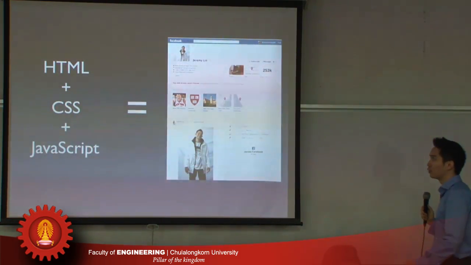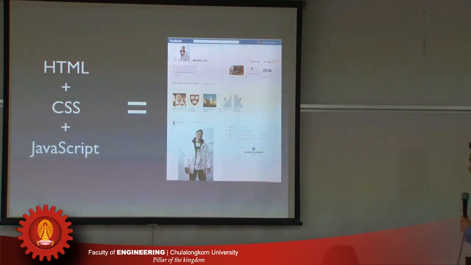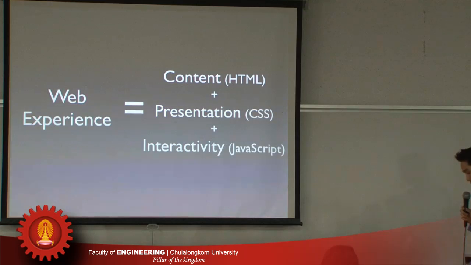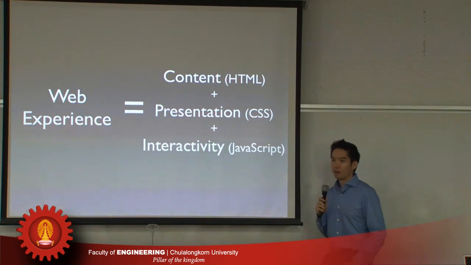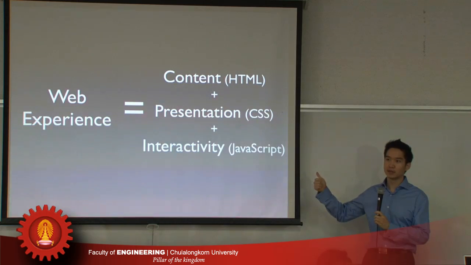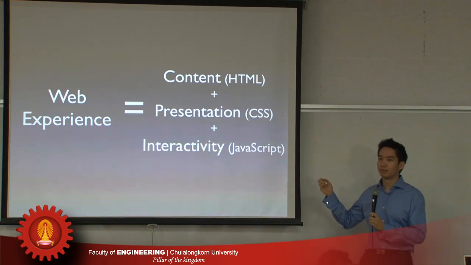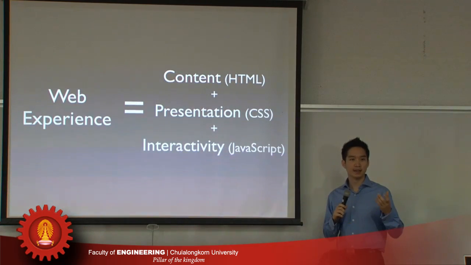Without me telling you anything about those terms, they don't really mean anything to you if you don't already know what they are. So I'm going to give you a very high-level overview. When you look at a web page, there are three components. There's the content, which is described by HTML. There's the presentation, which is the functionality of CSS.